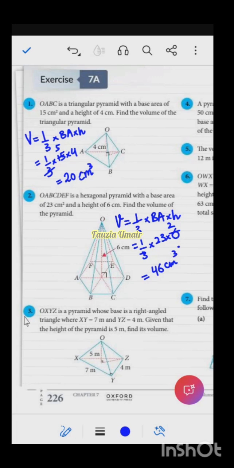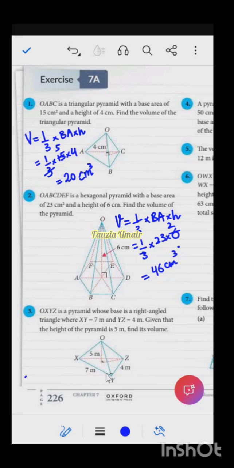Now look at this third question. OXYZ is a pyramid whose base is a right angle triangle. XY is given as 7 meter, YZ is 4, and the height of the pyramid is 5. Find the volume. What to do? We know the height of the pyramid, but we don't know the base area.